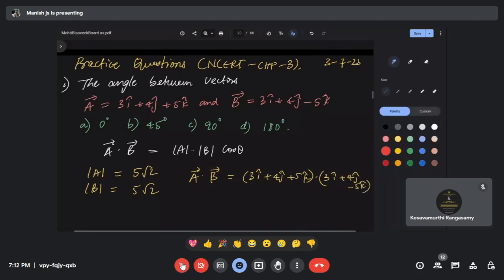So you need to find out the dot product. Try to multiply. You know that I dot I, J dot J, and K dot K are all 1. So we make use of that. Here 3 3s are 9, then 4 4s are 16, and 5 5s are 25 you get.